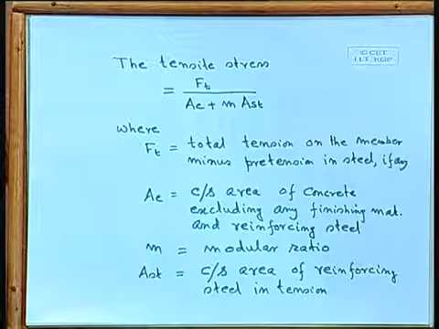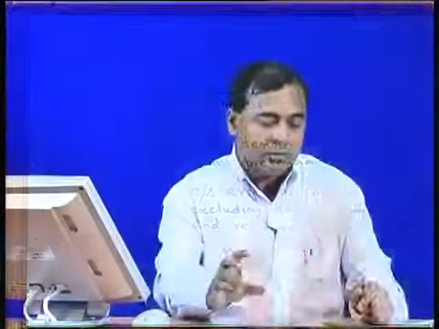So the tensile stress you can find out: Ft is the total tension on the member minus pretension in steel, if any. If the initial tensile stress is there, you have to deduct it.